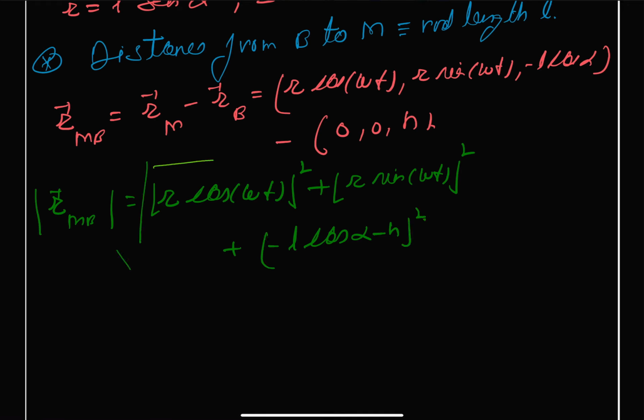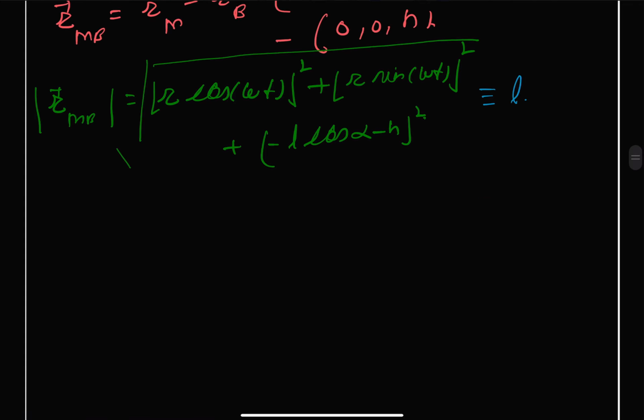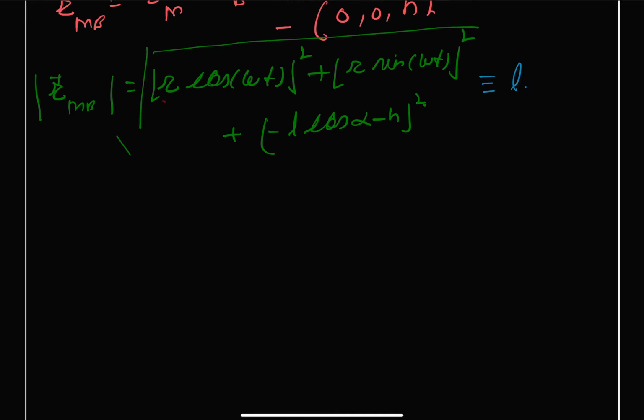And this entire thing is nothing but equal to L. And we can write it, this will be r square cos square omega t, and this will be r square sine square omega t. So r square we can take common, so this will be cos square plus sine square, which equals 1. So we can write it simply as r square plus, taking minus as common, L cos of alpha plus h whole square is equal to L square.